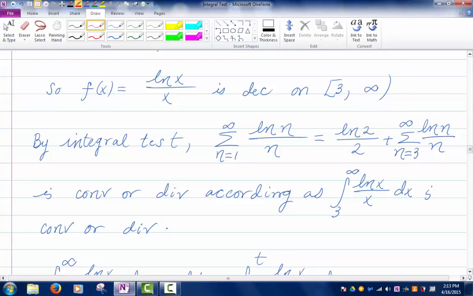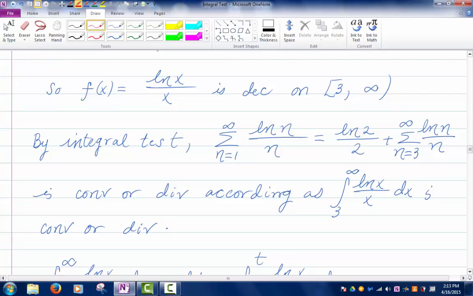Now, what's the first term of the series? What is the first term of the series when n is 1? 0. So that's 0. I can just get rid of that. When n is 2, what's the term? ln of 2 over 2, right?